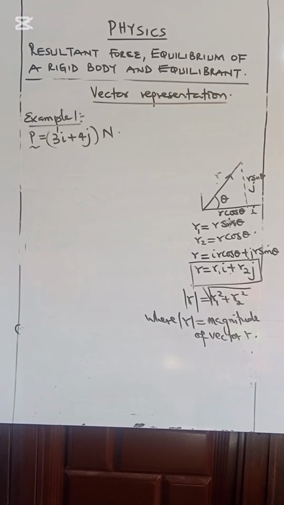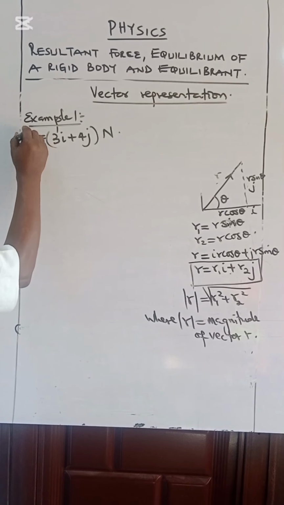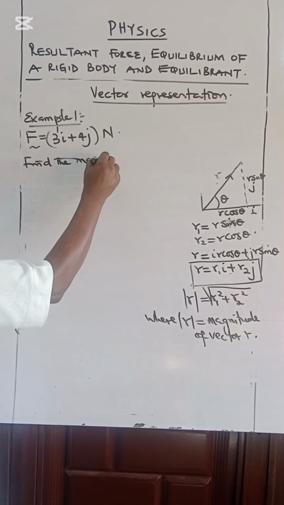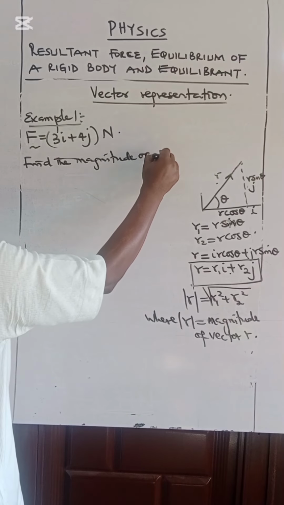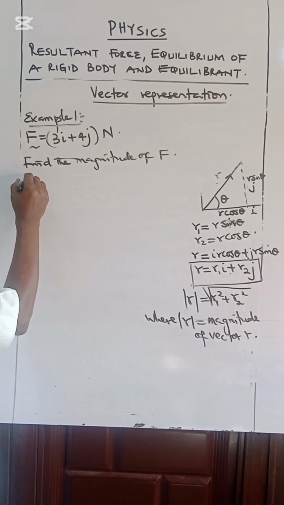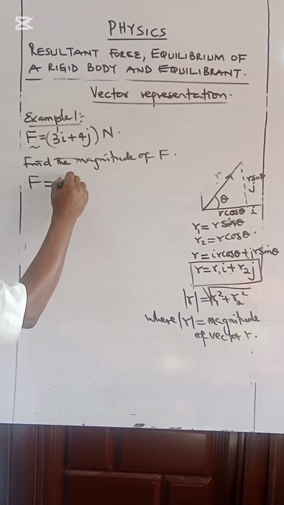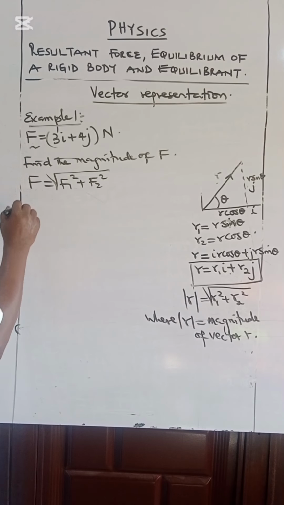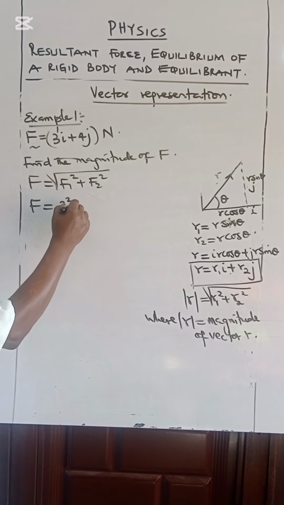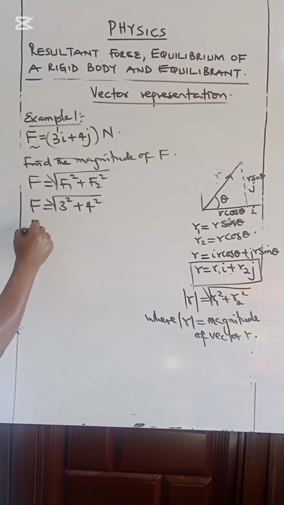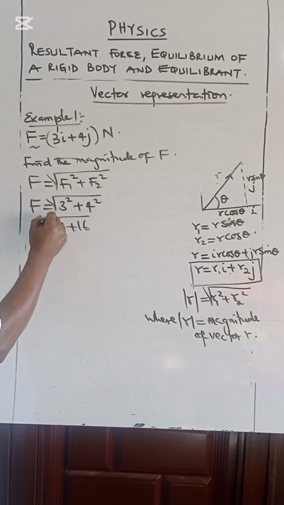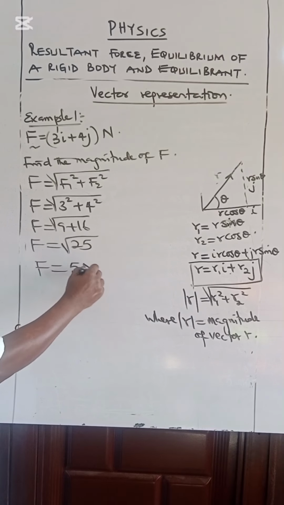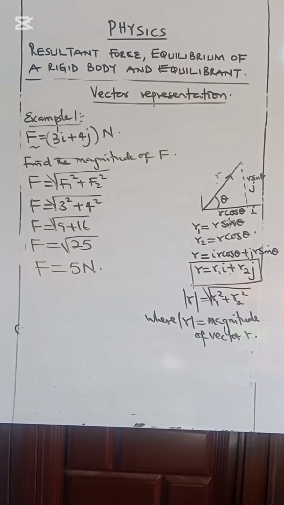Let's say P is a force, so let me use F. Find the magnitude of F. If you still remember, the magnitude of F is the square root of F1 squared plus F2 squared. So F is the square root of 3 squared plus 4 squared, which is the square root of 9 plus 16, the square root of 25, which is 5 Newton. This is the magnitude of the force given in that manner.